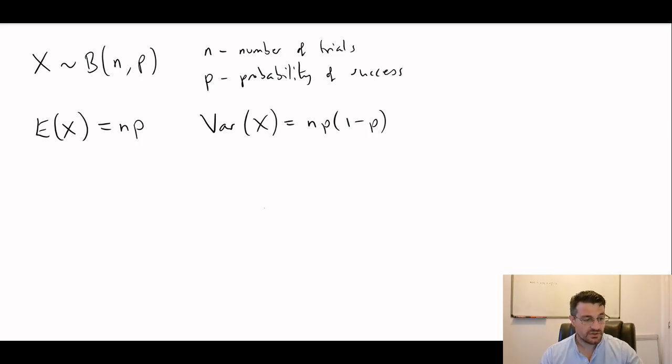And let's suppose, on the other hand, that we have Y, which is distributed normally. Remember, a normal distribution has two parameters, mu and sigma squared, often called the mean and the variance. Again, watch my video on the normal distribution to understand why we refer to the parameters as the mean and the variance.